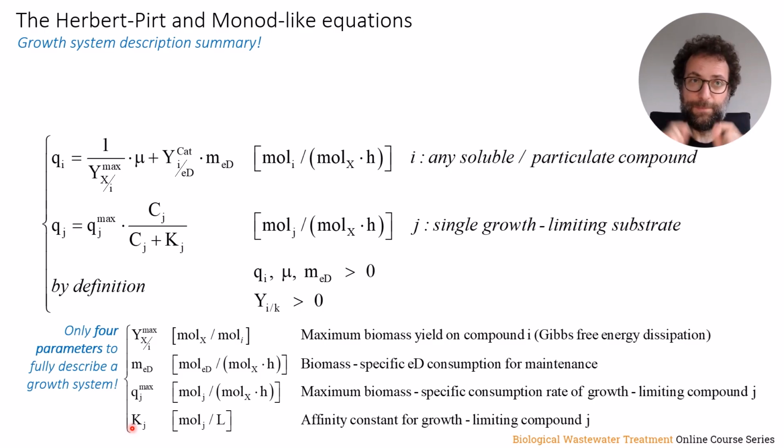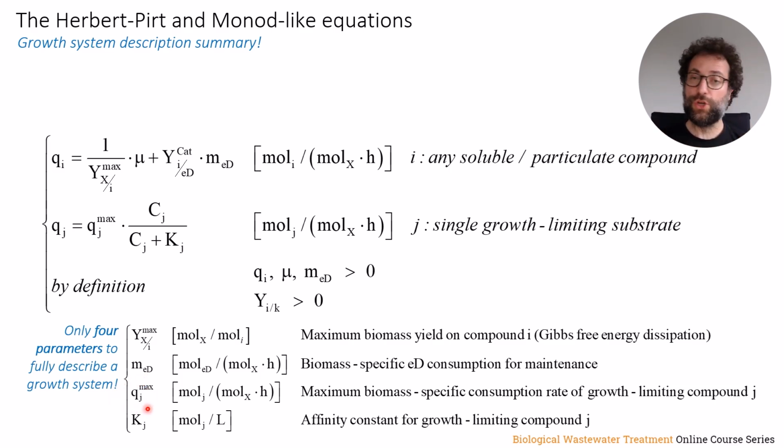Now again, let me summarize this. We have a growth yield of biomass growth on any substrate or product i with the Gibbs free energy dissipation method. We have a maintenance coefficient which tells us the moles of electron donor, in this case, consumed per mole biomass per hour to maintain the complexity of the cell.